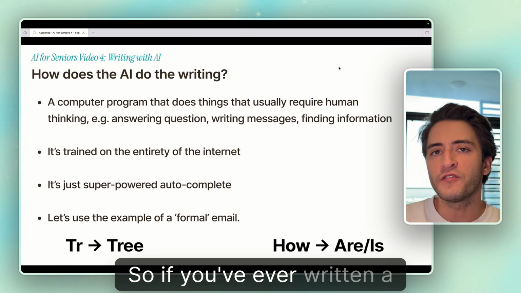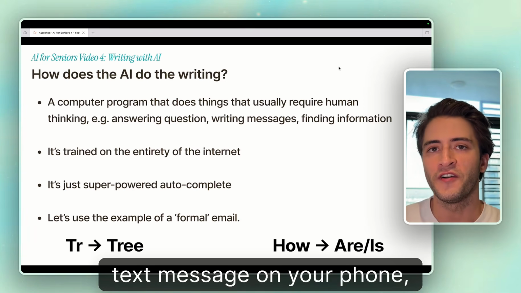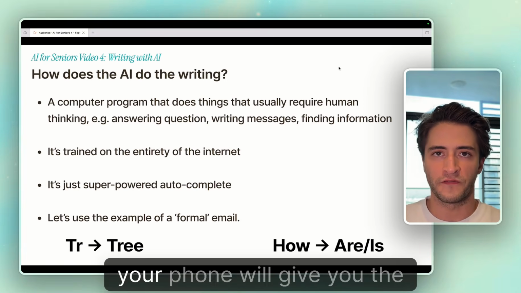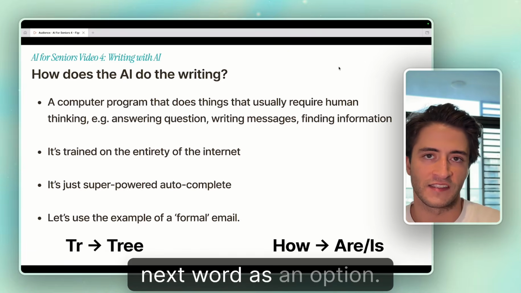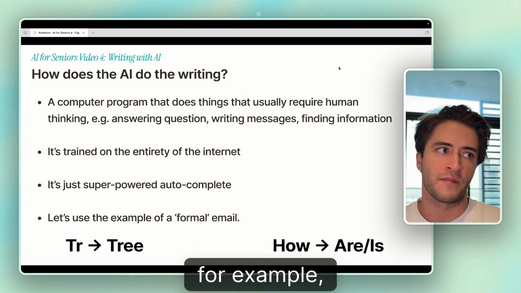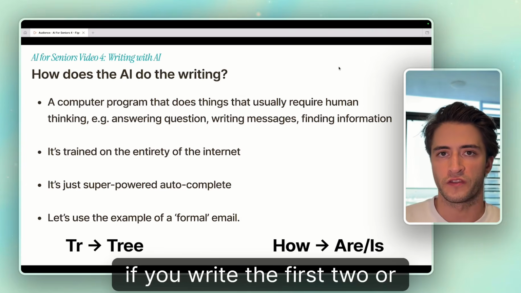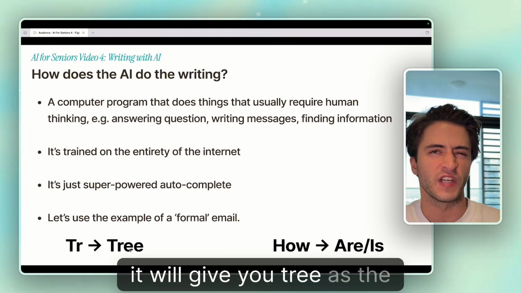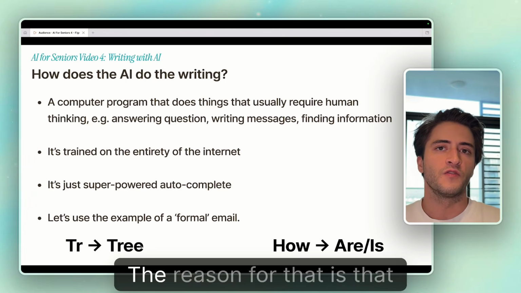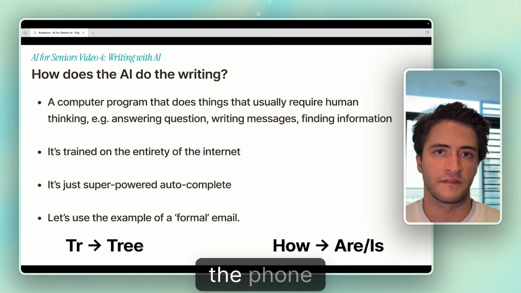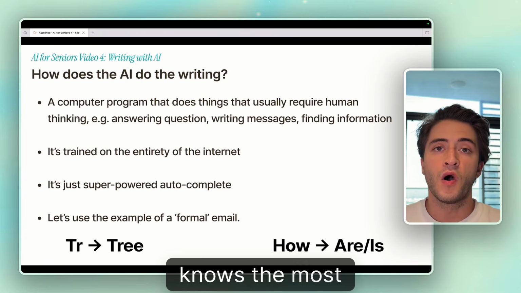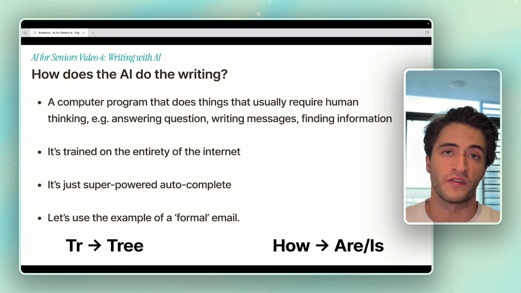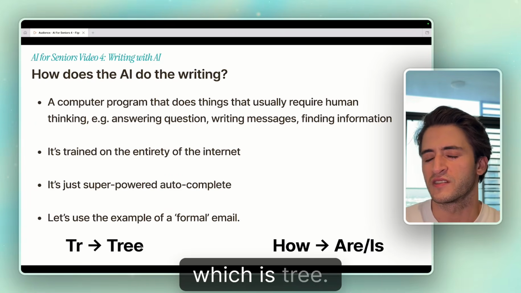So if you've ever written a text message on your phone, you will have noticed that when you write a word, your phone will give you the next word as an option. Or, for example, if you write the first 2 or 3 letters of a word, for example, TR, it will give you tree as the option. The reason for that is that the phone knows the most common thing that will come after writing the letters T and R, which is tree.